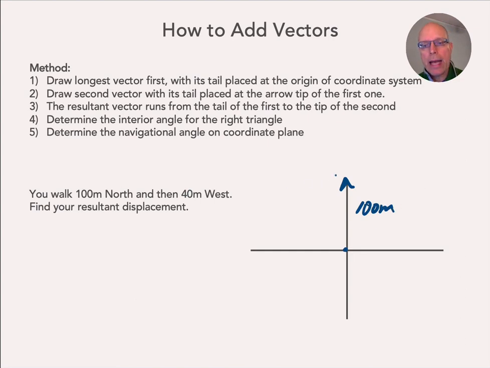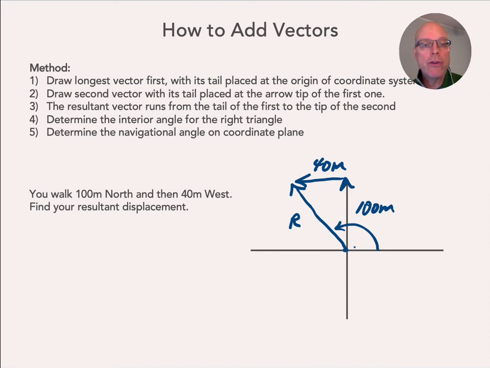Then out of the tip of that, we draw the tail of the second arrow as though these were both one-way streets heading away from my house. So here's 40 meters right here. And the resultant, the answer vector, is going to be this one right here. And that is going to represent the actual distance and angle that I am from where I started.